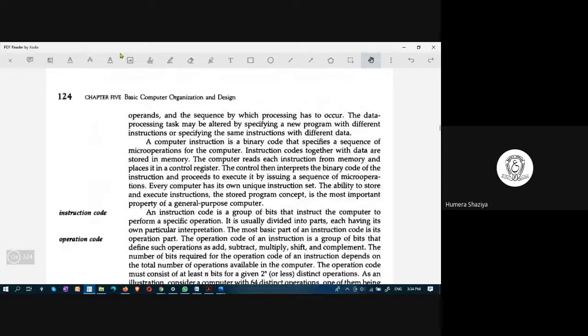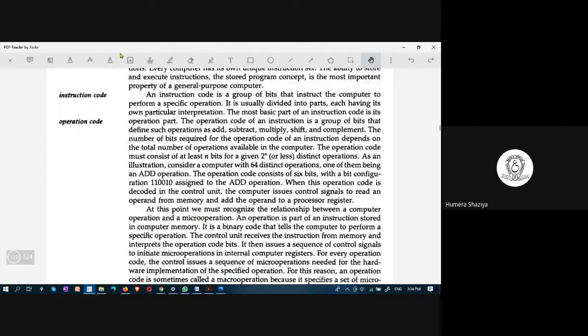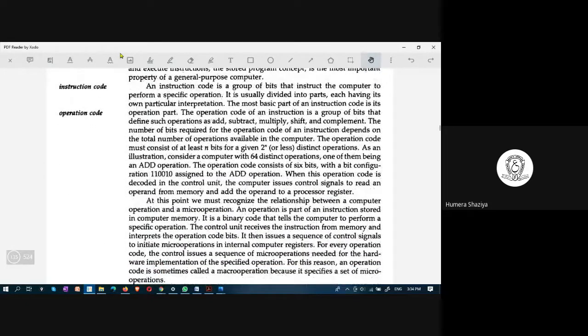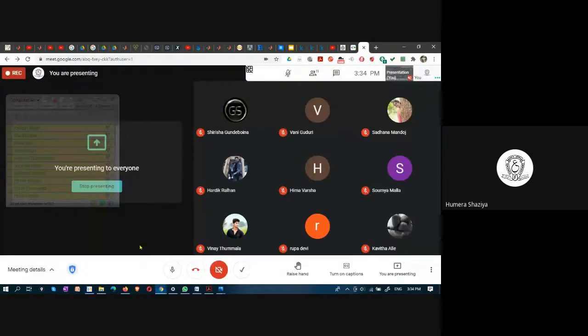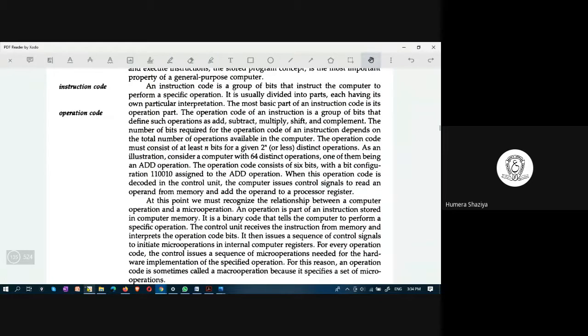What is an instruction code? When we have to instruct a computer to perform some task, at the highest level, at the more top level, we are instructing the computer to perform the task through operators.